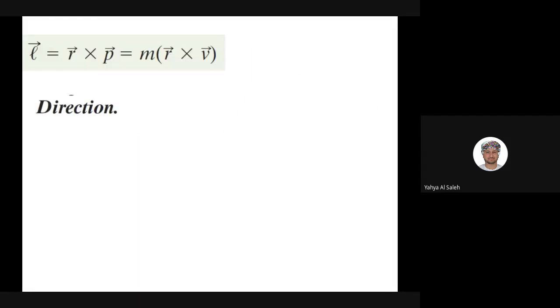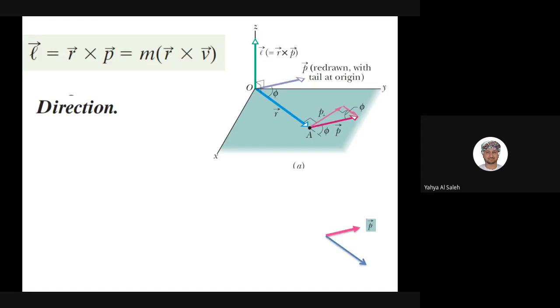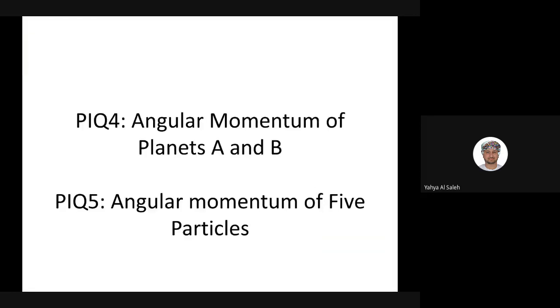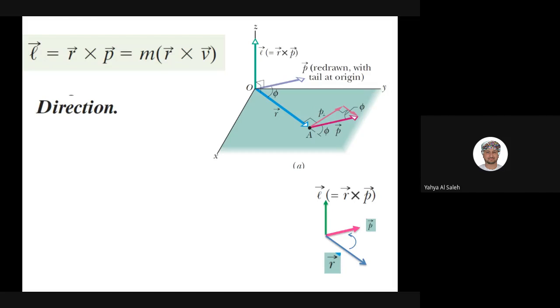And it is a vector quantity, so its direction is given by the right-hand rule, as usual. You have R in one direction, on one finger, P on the other one, and your angular momentum is going to be in the direction of the cross product of that.